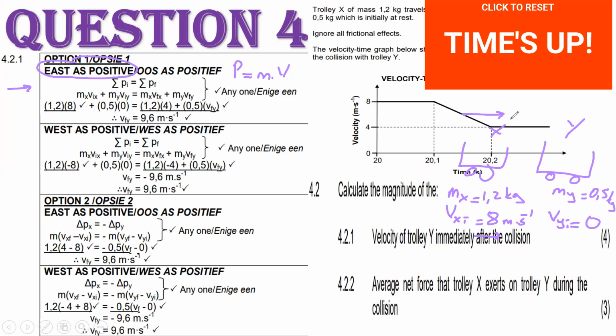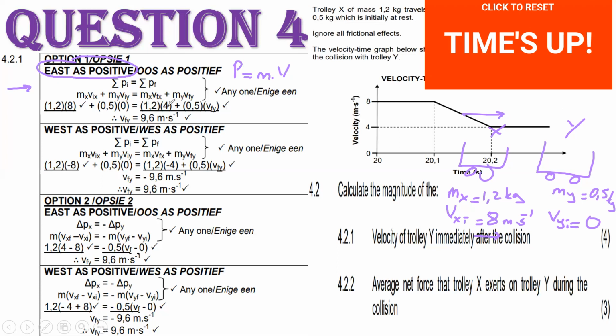Trolley Y is moving this way, east positive. And then 0.5 for the mass of object Y, and v initial y is 0 because they said it is at rest.